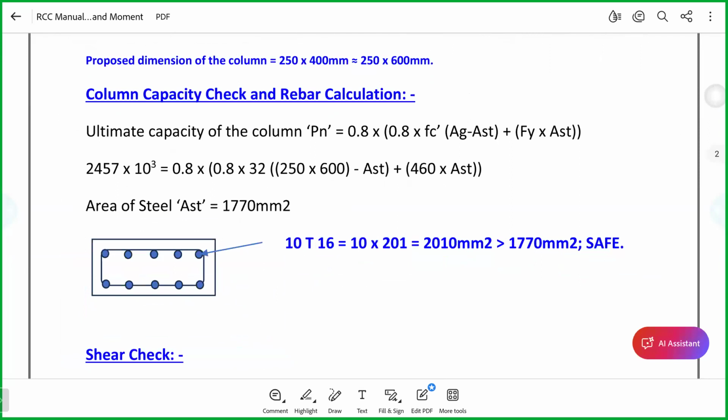So the moment I substitute, I can easily calculate it, which is 1770 millimeter square. Converting, we get 10 T16. 16 millimeter, the area is 201, so I'm getting 2010. Then 1770, it is safe. You get my point?